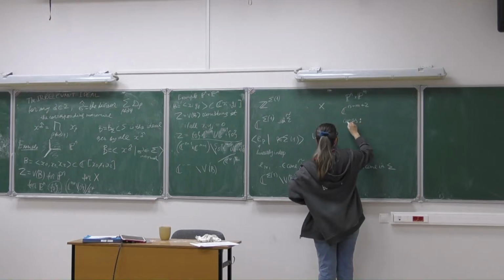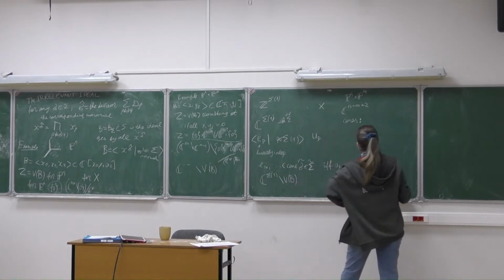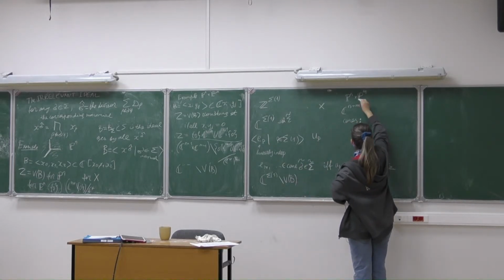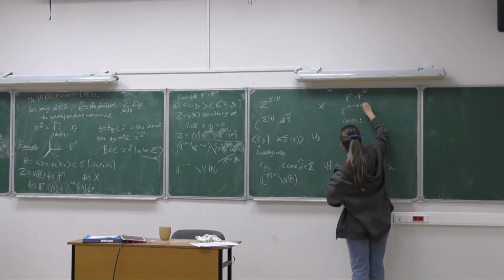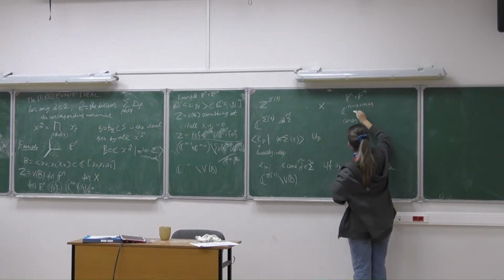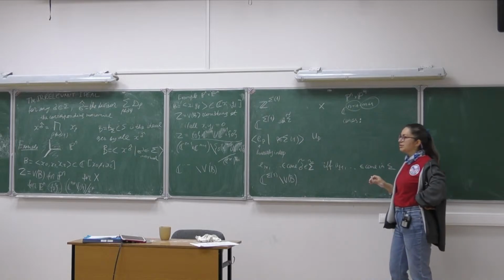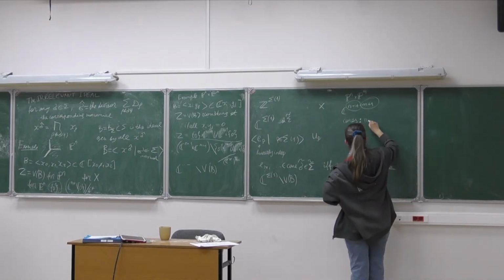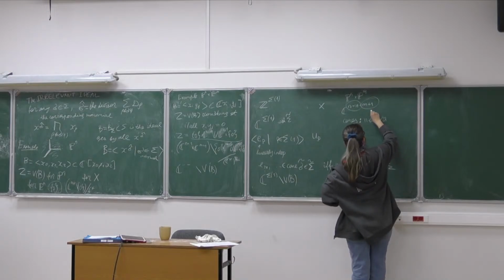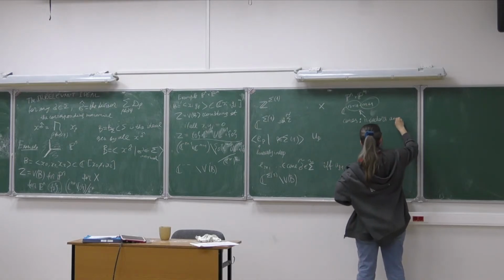The maximal cones will be generated by n+1+m+1 basis vectors: n vectors from here and m vectors from here, and then from here.